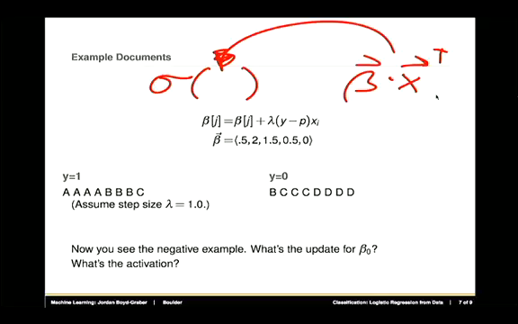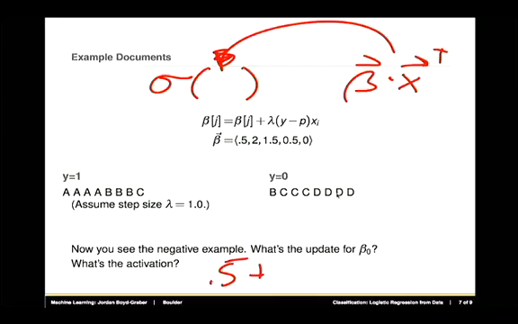So how much does the bias contribute? 0.5. And no matter what data you observe, the bias will always be 0.5. How much does XA contribute? 0. Because there are no A's in this document.